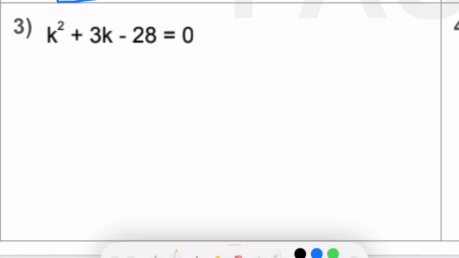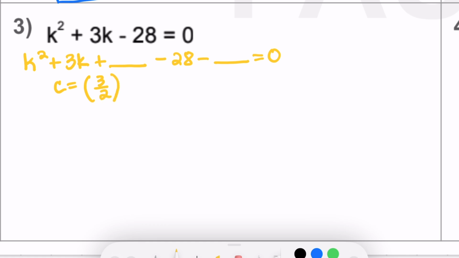For question 3, k squared plus 3k minus 28 is equal to 0. Again, let's set the problem up. k squared plus 3k plus the value of c minus 28 minus the value of c is equal to 0. So we have c is equal to 3 over 2 squared, which is 1.5 squared, which is 2.25.